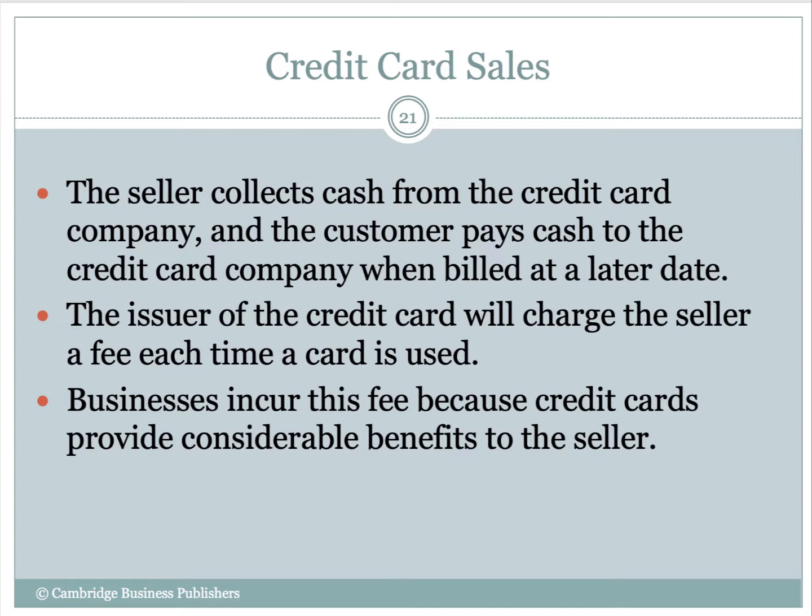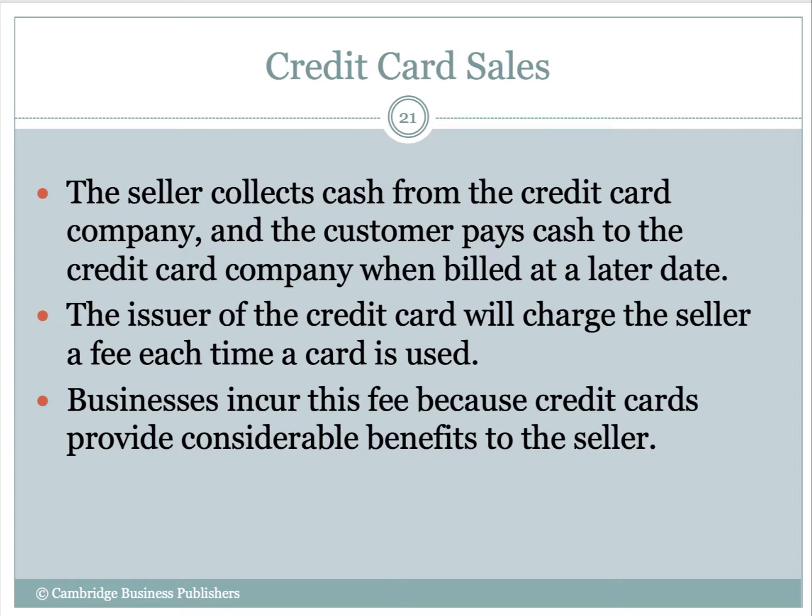What happens is that Macy's, the seller, receives cash from the credit card company, from Visa or MasterCard or whoever. The customer then has to pay cash to that credit card company, which then bills their customer, okay? So how does a credit card company make their money?